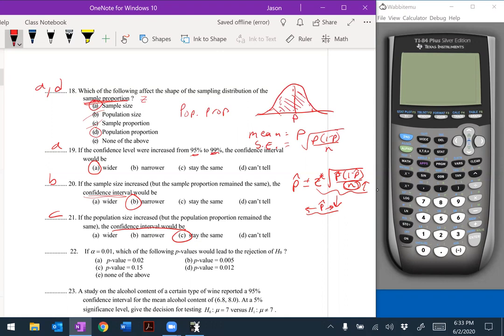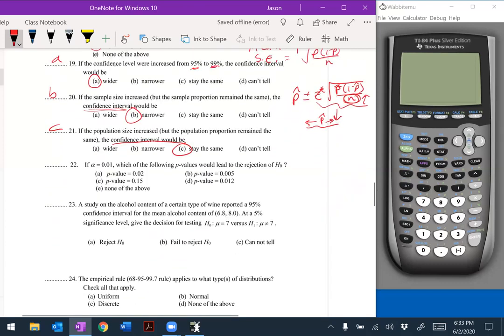Okay. 22. If alpha is equal to 0.01, which of the following p-values would lead to the rejection of H0? Which of the p-values would lead to the rejection of H0?